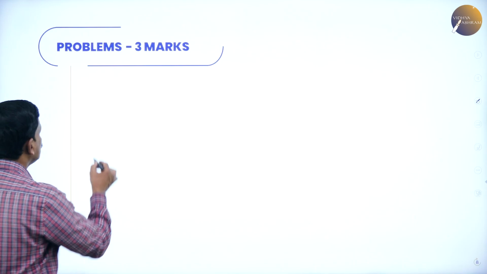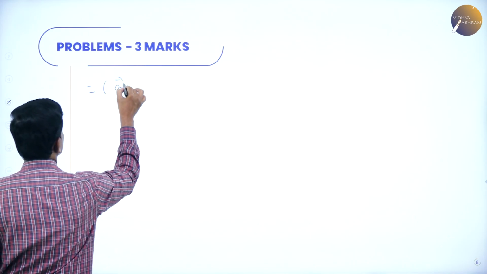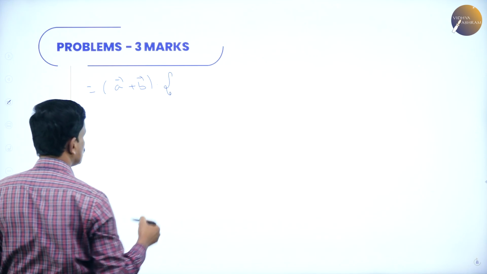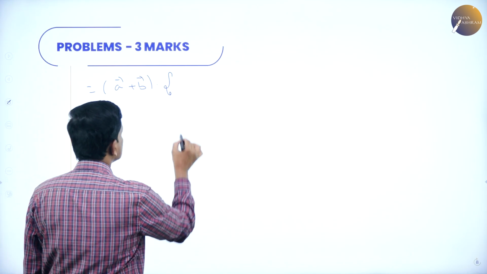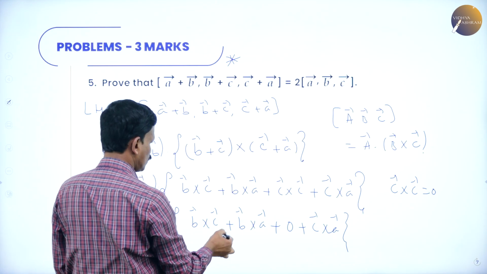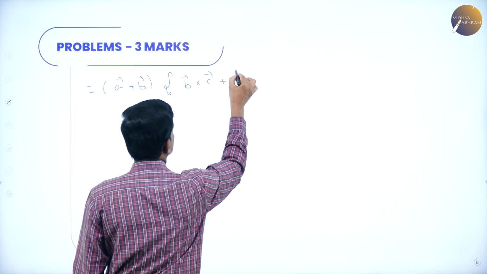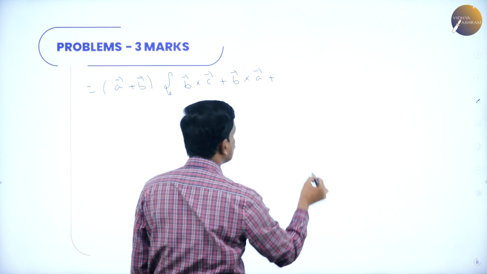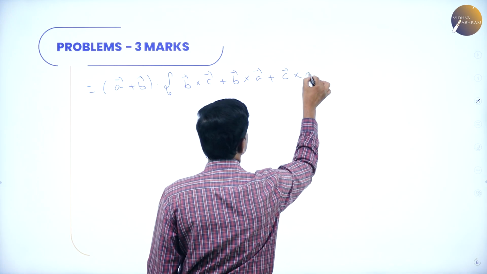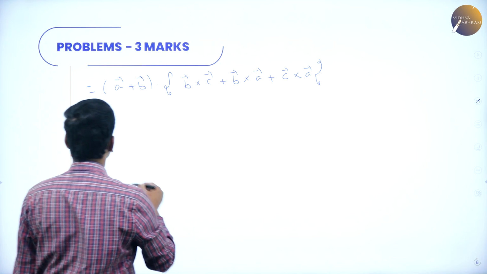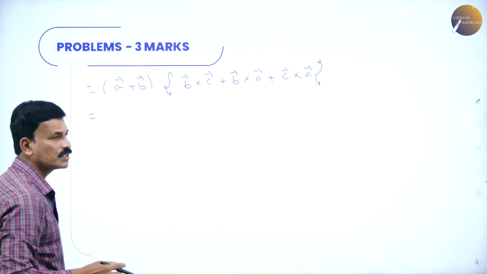So in the next page we'll have this: vector A plus B dot B cross C plus B cross A plus, this is 0 gone, C cross A. Now this is equal to, now you can apply the dot product for this.